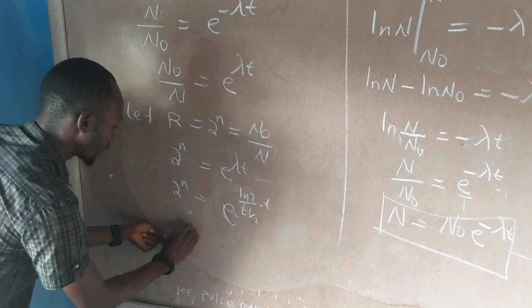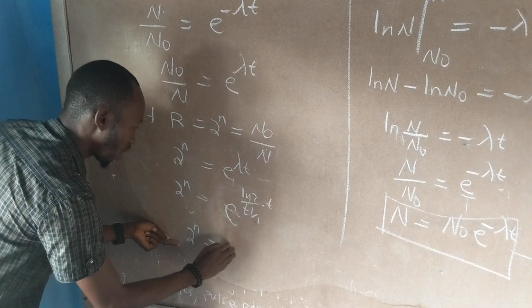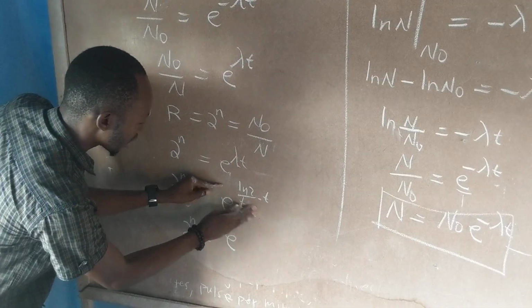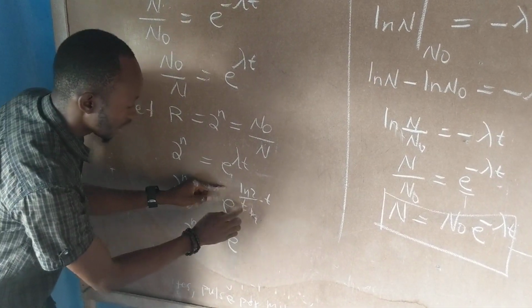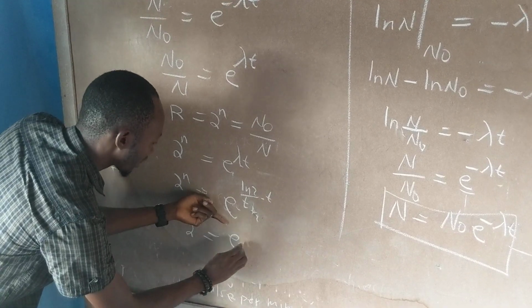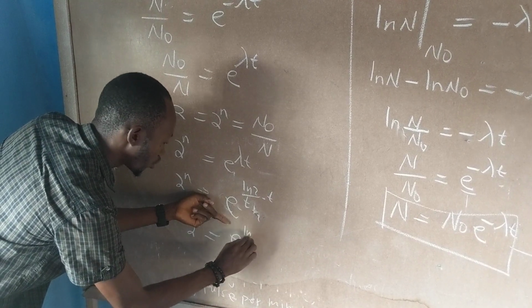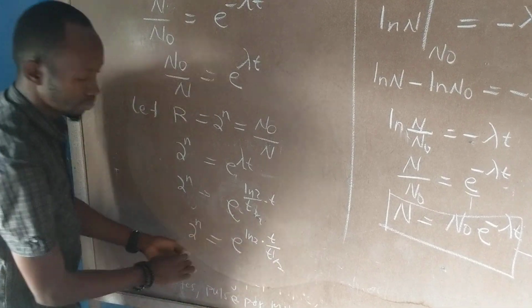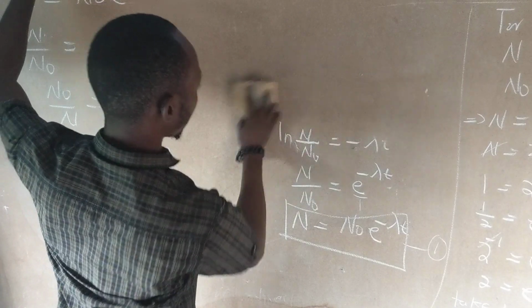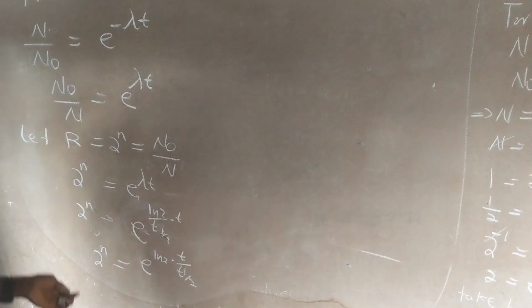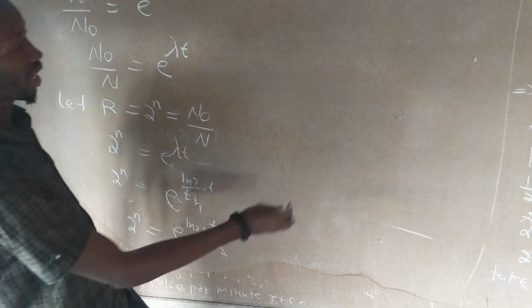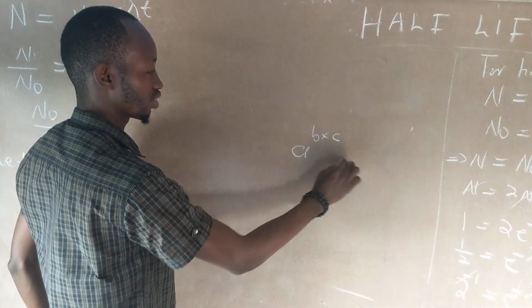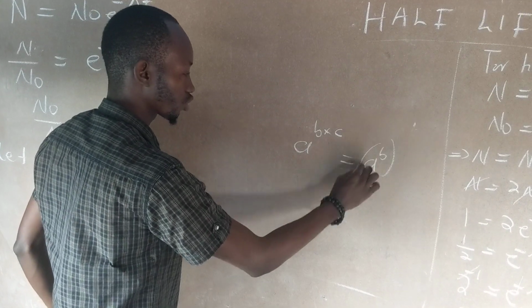So this can as well be written as 2 to the power n equals e raised to the power ln 2 times t divided by T half. If we put it in another easy way, if you have a raised to the power b times c, we have the right to say a raised to the power b, all raised to the power c.